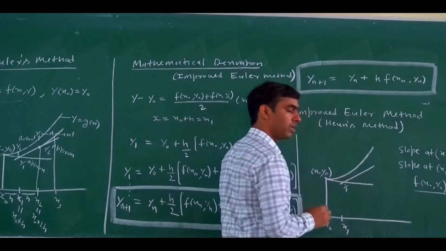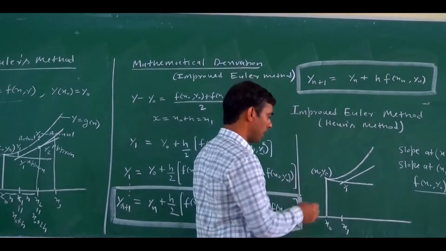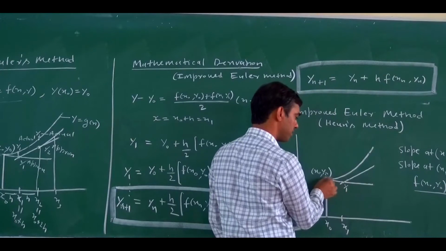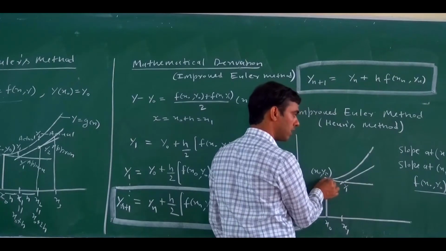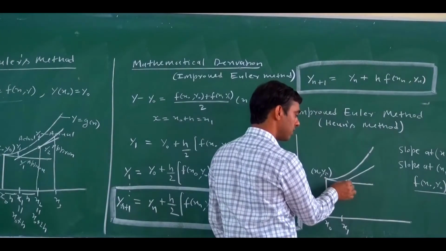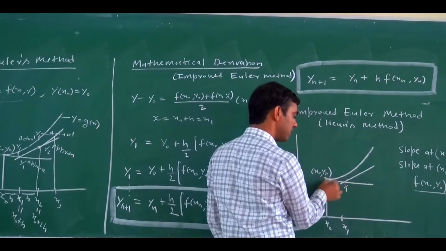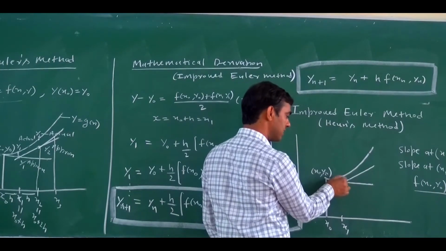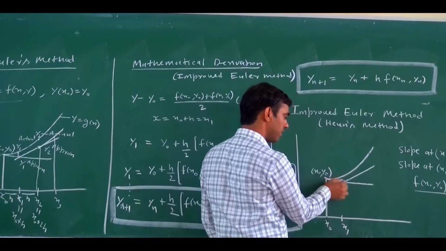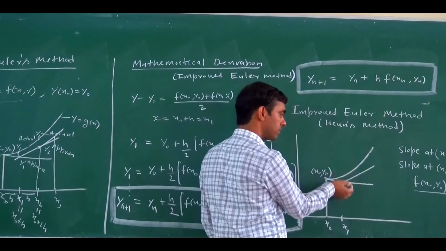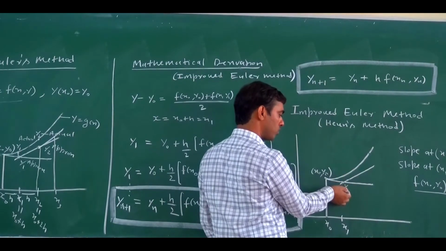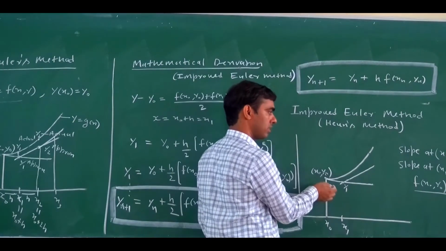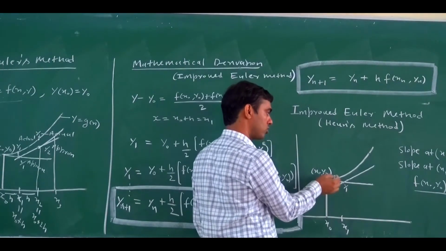If we take the average of these two slopes, the slope at this point and the slope at the other point, and find the tangent with the average slope, obviously this one lies above the slope at x1, y1 and below the slope at x0, y0. This is the average of these two slopes.